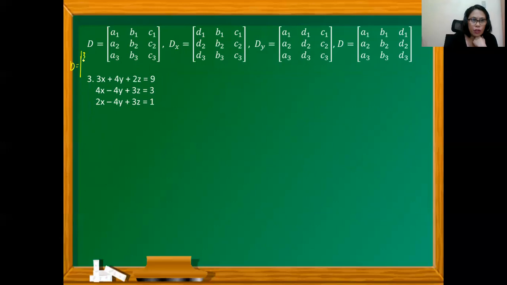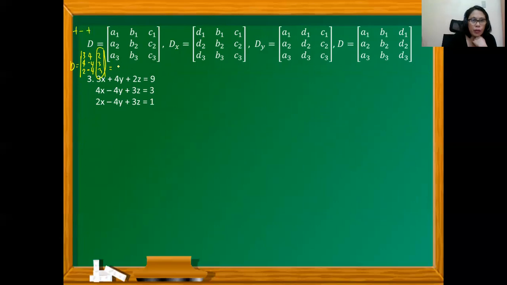So this is 3, 4, 2, negative 4, negative 4, negative 4, and then 2, 3, 3. And this is equal to, we will choose the last column 2, 3, 3. And we'll consider the sign array plus, minus, plus.